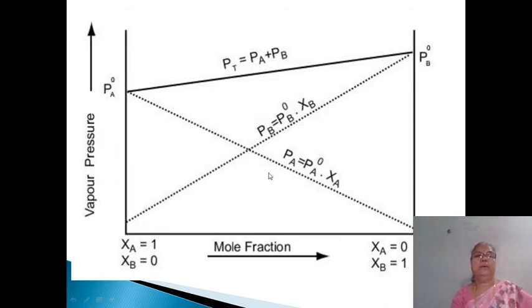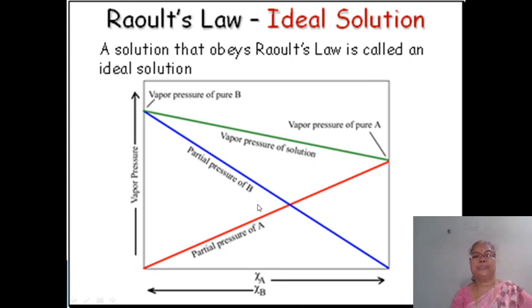And the definition of non-ideal solutions: they are the solutions which do not obey Raoult's law at all conditions of temperature and concentration. Such solutions are called non-ideal solutions or real solutions. And in case of real solutions, instead of getting straight lines, we get curved lines, and it is shown in the next picture.